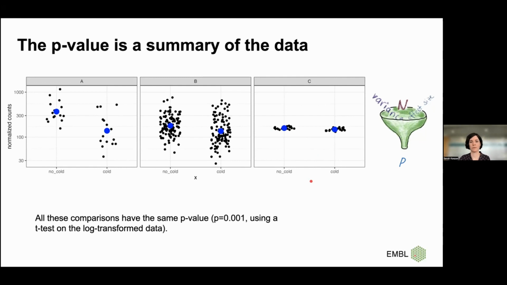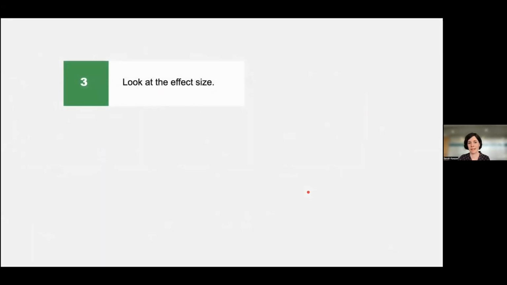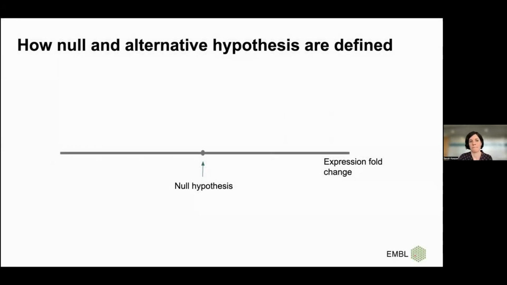What you should do if you see a p-value is therefore look at the effect size, right? You should also look at the difference in means that you see. Because also remember how the null and the alternative hypothesis are defined. We have the null hypothesis that says there's no fold change between the groups, or no difference between the groups in expression or in protein levels.